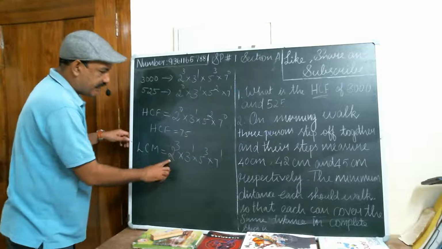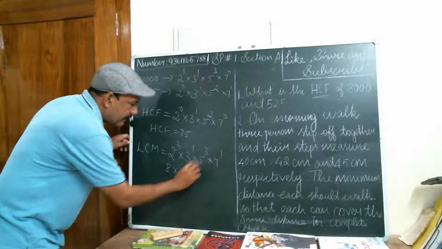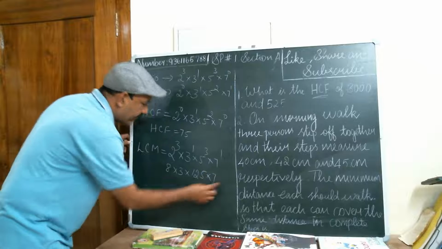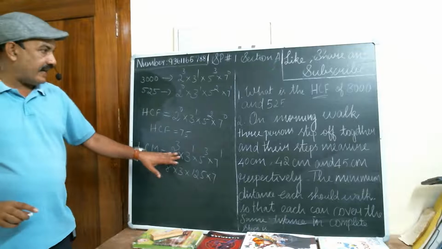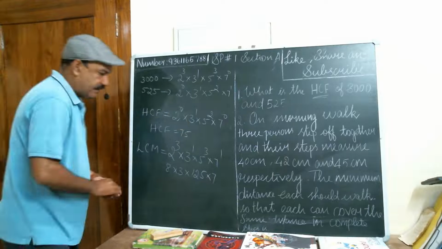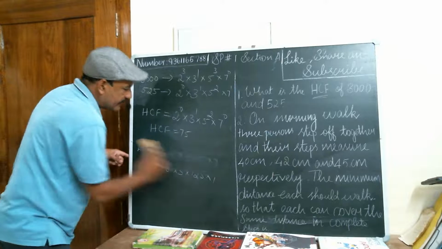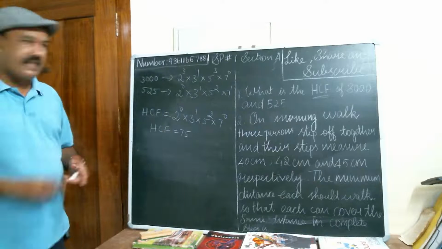So it is 2 cube is 8, times 3 is 24, and this becomes 125 and 7. You have to multiply everything. That will be your LCM. Since it is not asked, I am not going to give the final answer for the LCM. So this is a way of writing the LCM. In this case, the HCF is asked, HCF is 75.